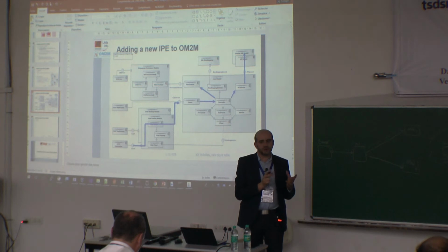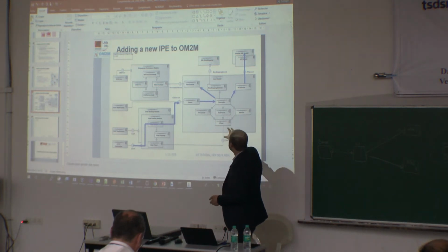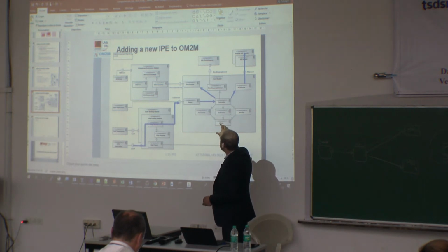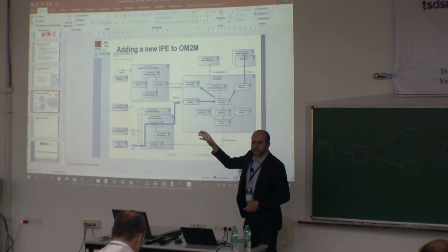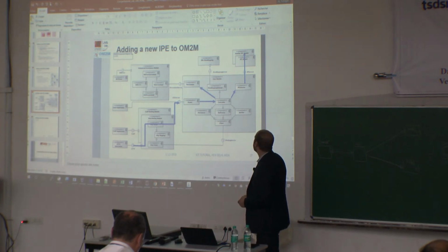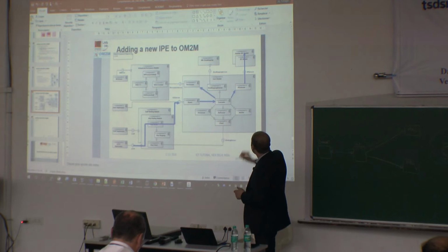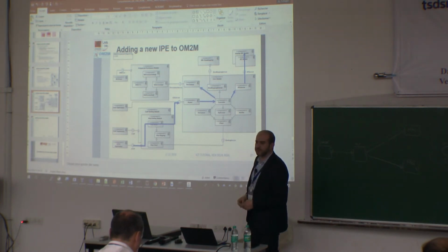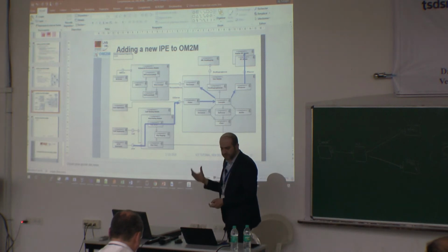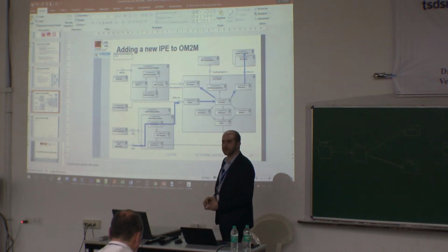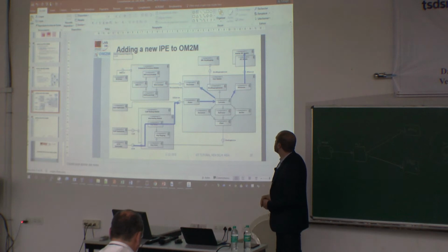We don't need to know that this request was received over HTTP. So the core, first thing it will do is to persist this request, because every request is persisted. And then, because we saw the URI, the core will choose the right IPE and give the request to this IPE to be translated. So this is the flow of a request inside the OM2M.